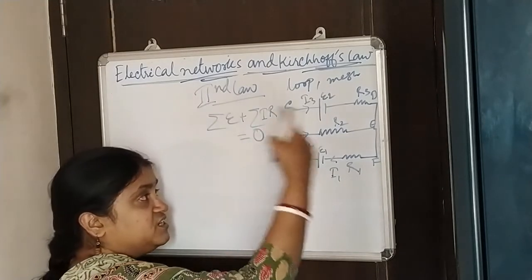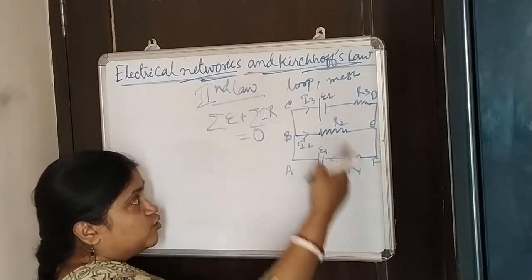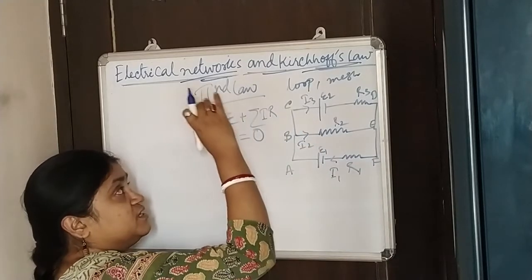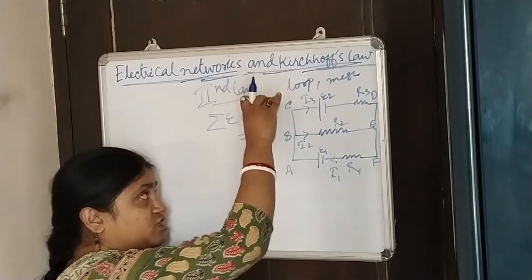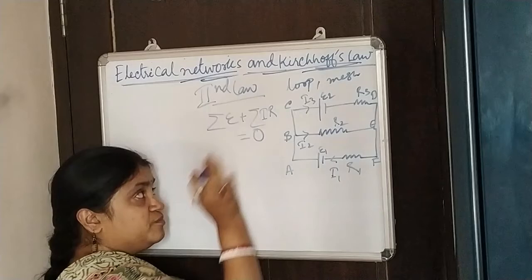So inside the loop, the sum total of all the EMF plus the sum total of all the voltage drops together should be 0.